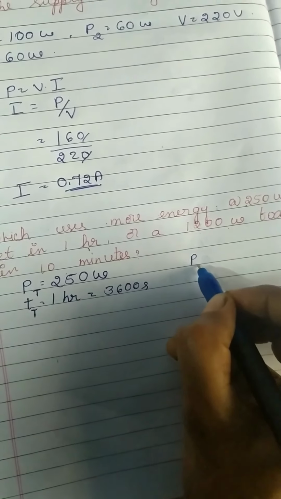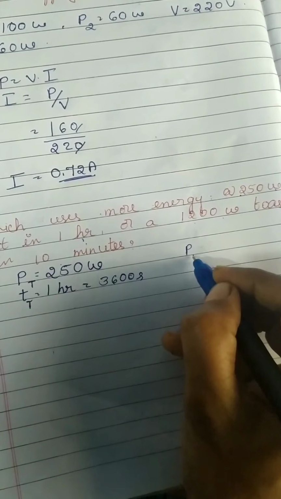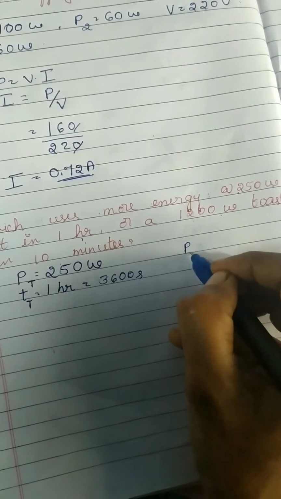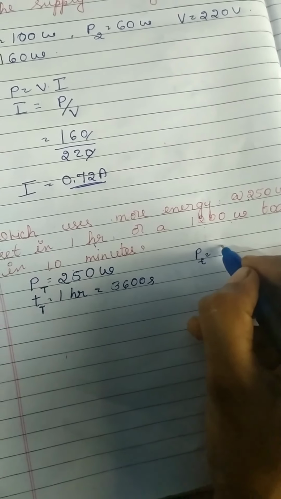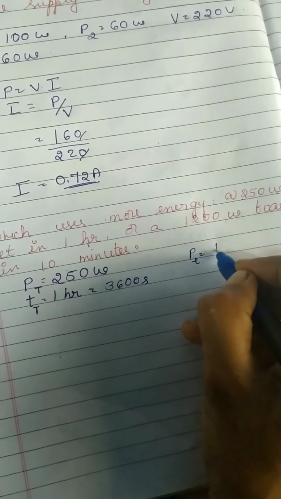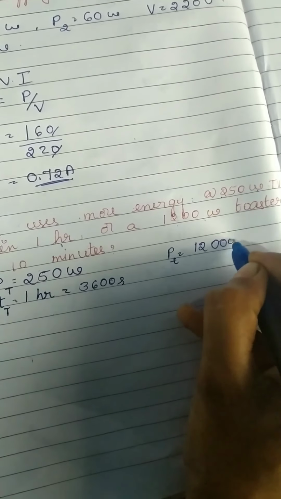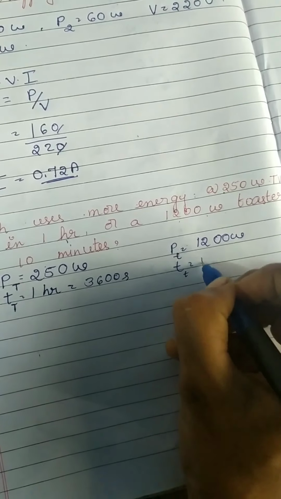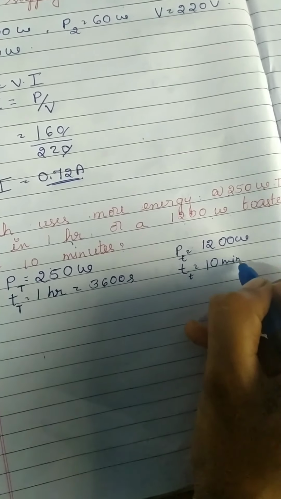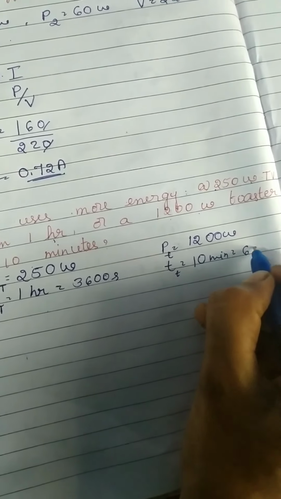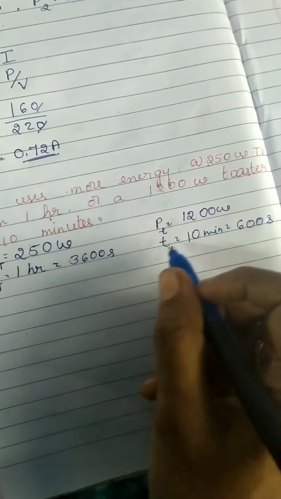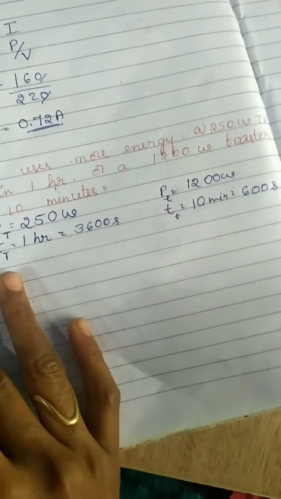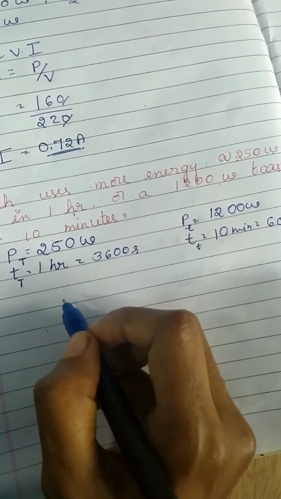Then the power of the toaster is 1200 watt, and the time of the toaster is 10 minutes. 10 minutes is 600 seconds.